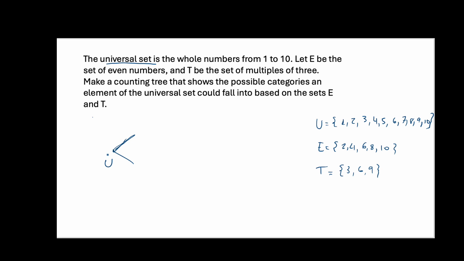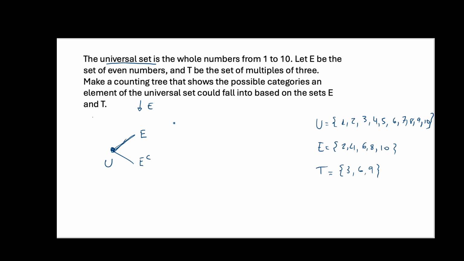We come out from the root node, and the first layer is a question regarding whether we're inside a set or not. Let's take E as the first set we're considering. So is an element of the set of whole numbers from 1 to 10 even or not? This is the first kind of question.